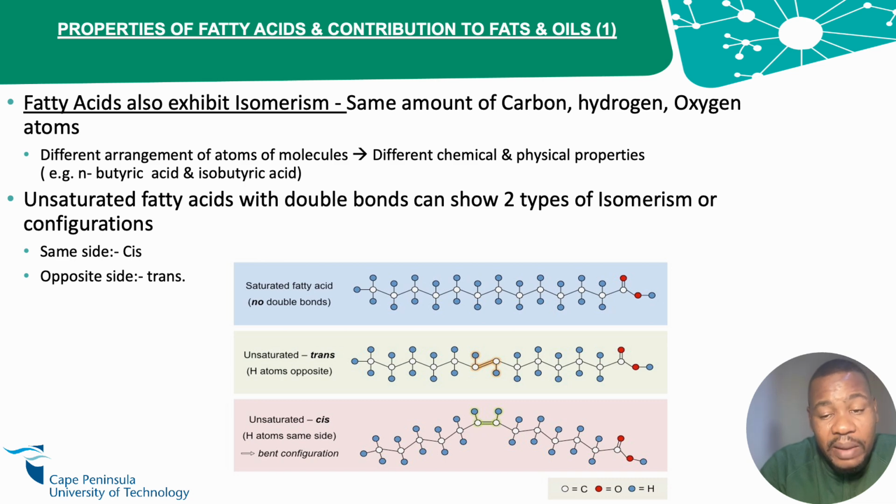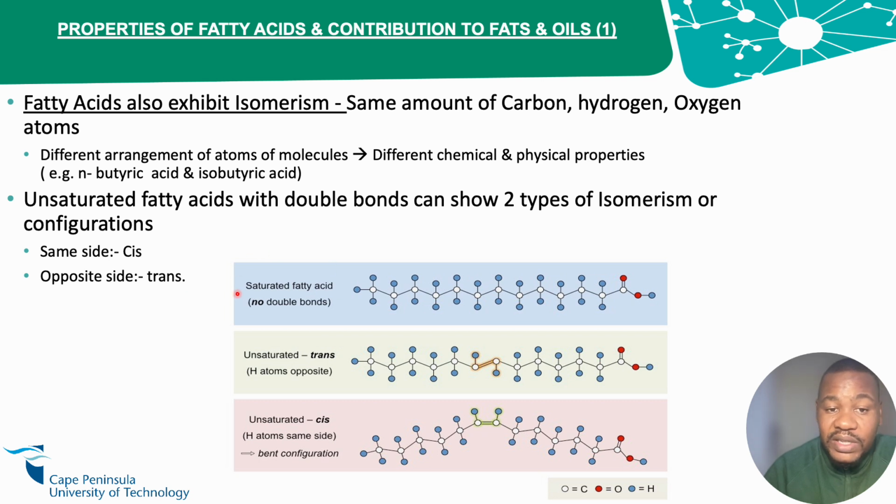Because of this, they will have different physical or chemical properties. Unsaturated fatty acids with double bonds can show two types of isomerism or configurations. It can either be the cis configuration, where they are on the same side, or the trans configuration, which is on the opposite side.